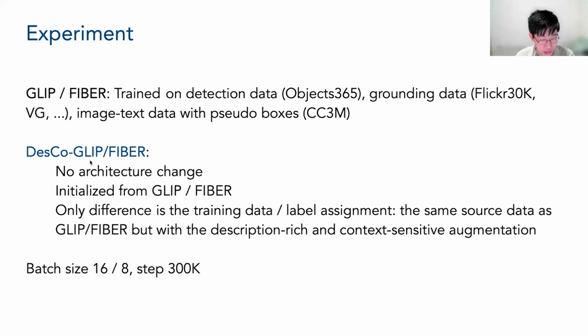We don't make any architecture changes, and we initialize from the baseline model. The only difference is the training data, or the label assignment part I just showed. We use the same source data as them, but we use GPT-2 to augment the data and also apply the context sensitivity augmentation we talked about to force the model to read the descriptions.